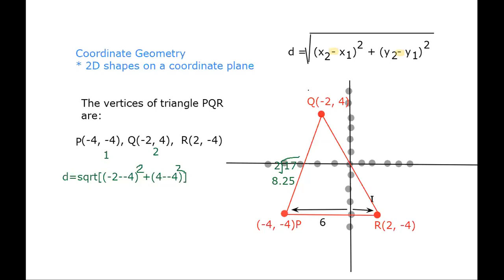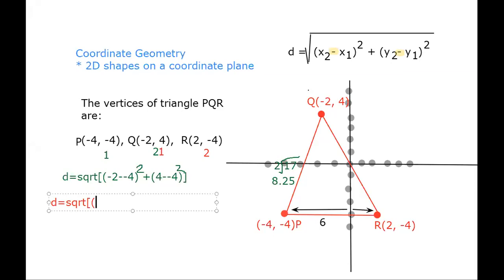So on this other one, on this QR side, let's use Q as point number 1, and R as point number 2. So we're going to have the distance equals the square root of all of this business.